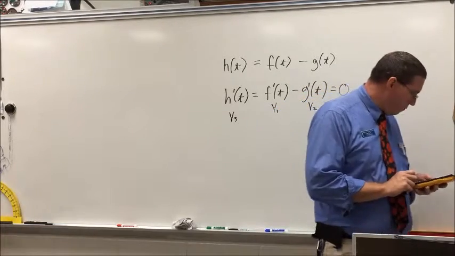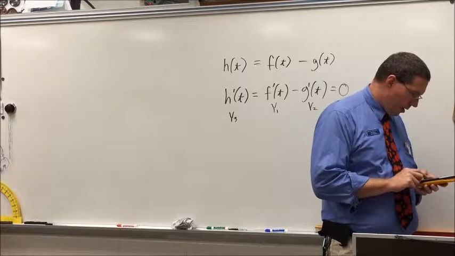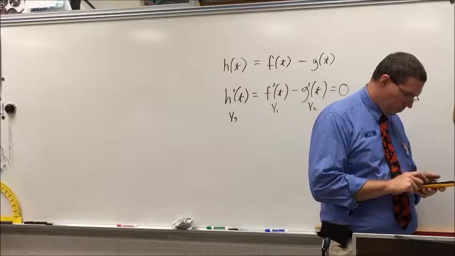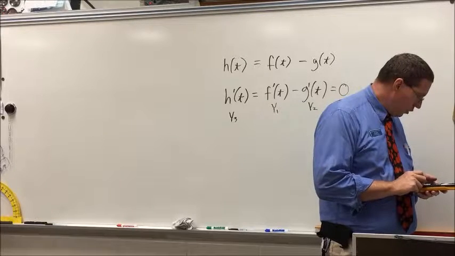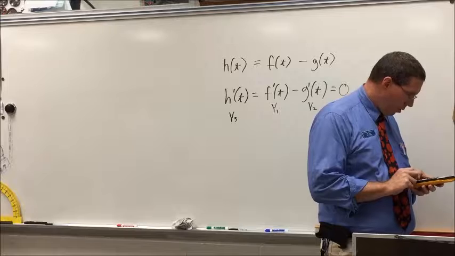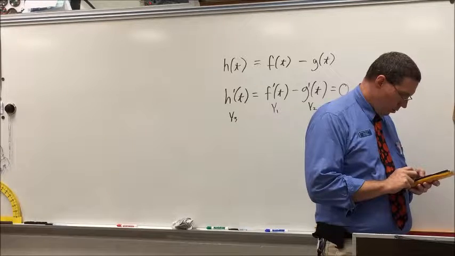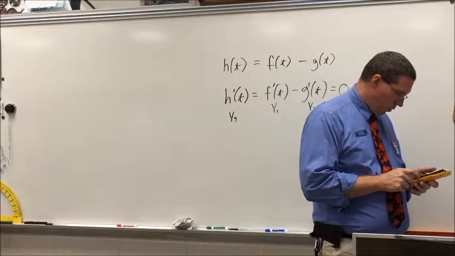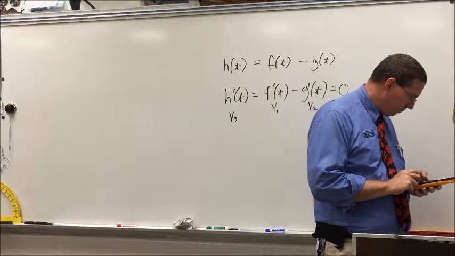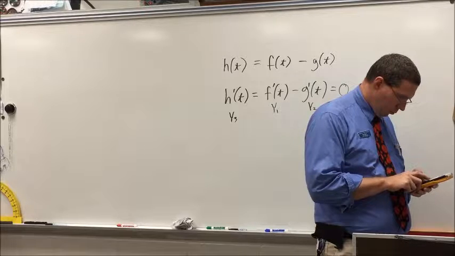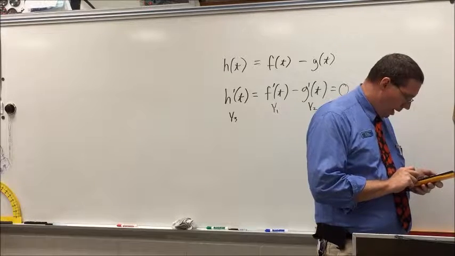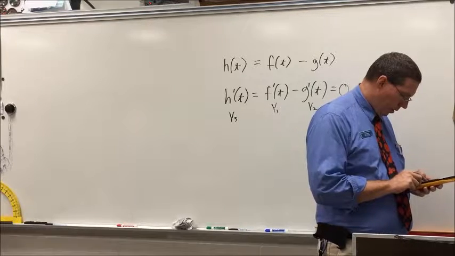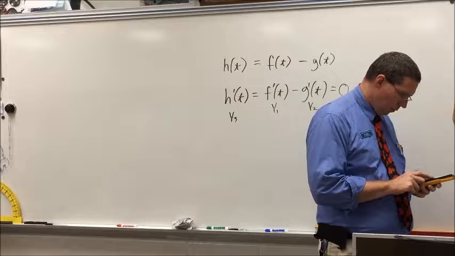So let's see. F prime is 380 times 1.02 to the x power. G prime is 240 plus 240 sine, make sure you're in radians, of the fraction pi times the quantity of x minus 4 over 12.